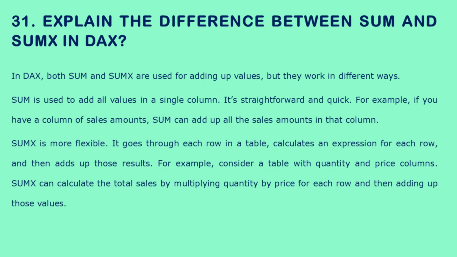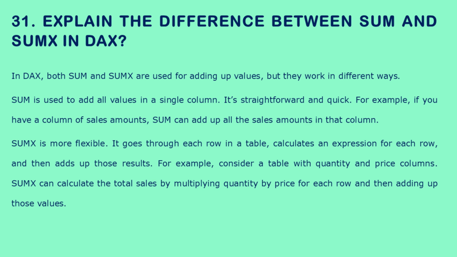Explain the difference between SUM and SUMX in DAX. In DAX, both SUM and SUMX are used for adding up values, but they work in different ways. SUM is used to add all values in a single column. It's straightforward and quick. For example, if you have a column of sales amounts, SUM can add up all the sales amounts in that column.